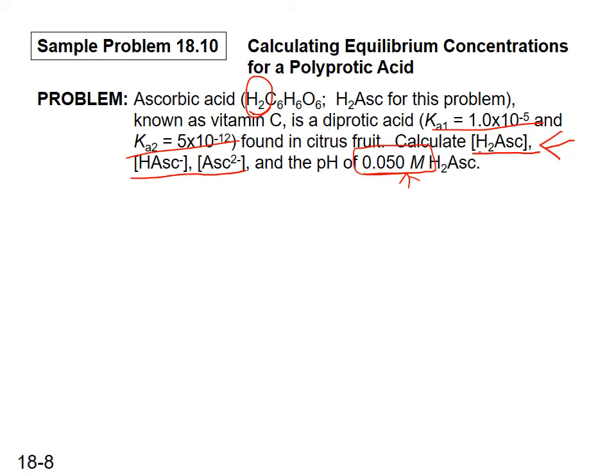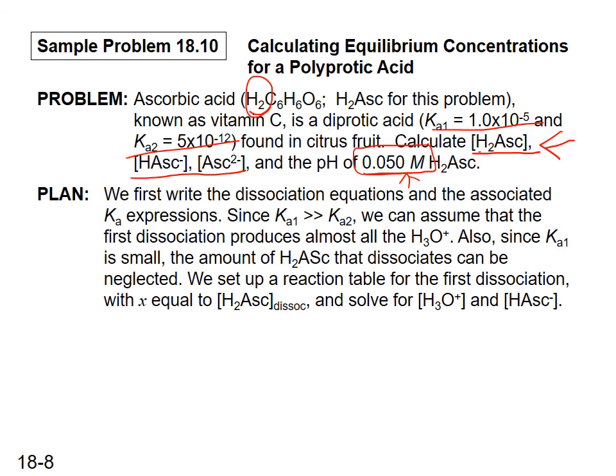To do that, we know that this reaction will dissociate twice. We first need to write the dissociation reaction equations, 2 equations to generate hydronium ions. Now, since Ka1 is much greater than Ka2, you can see here, when we calculate the hydronium ion, we can omit the second one.